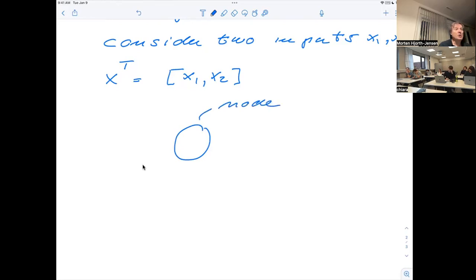The model which I'm setting up now is called the simple perceptron model, which was very much inspired by research in neuroscience. And this node here, we are now going to represent mathematically by this activation function. So this is our activation function.